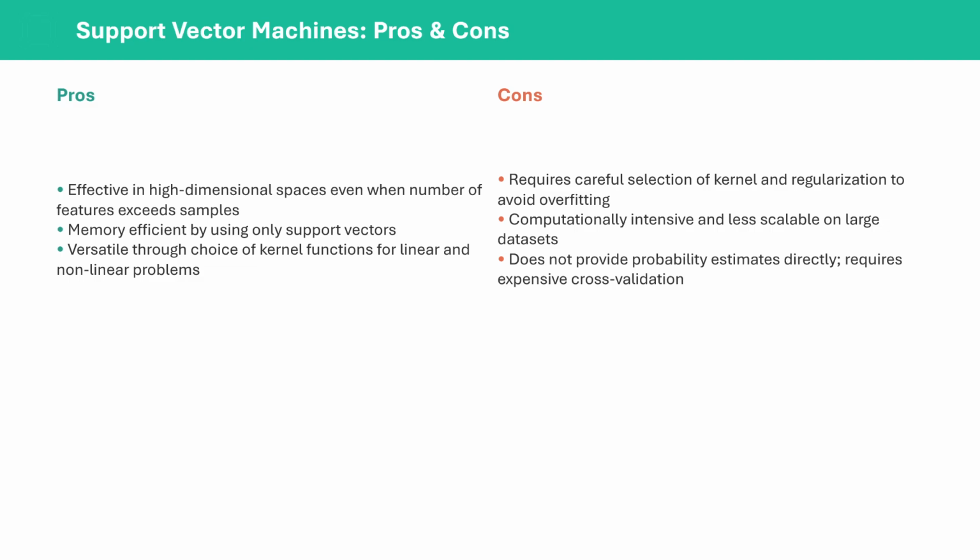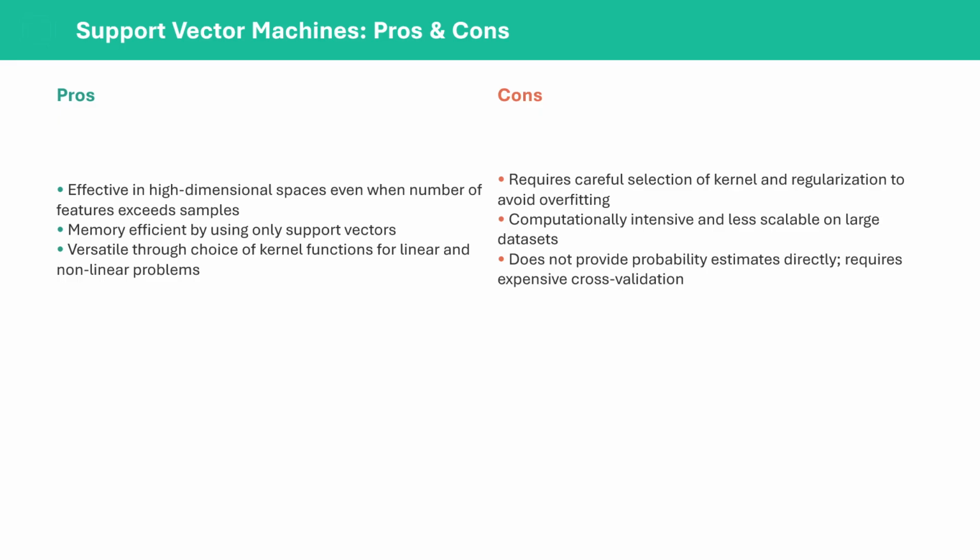Second, it's memory efficient because only support vectors define the model, not every point. Okay. Third, versatility. With different kernel functions, for example, linear, polynomial, RBF, we can adapt to complex boundaries.